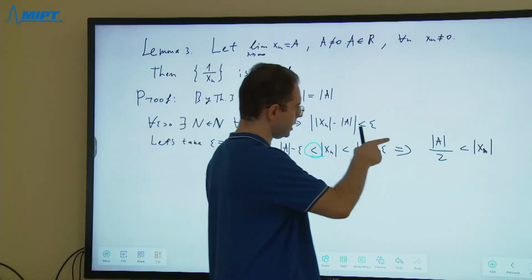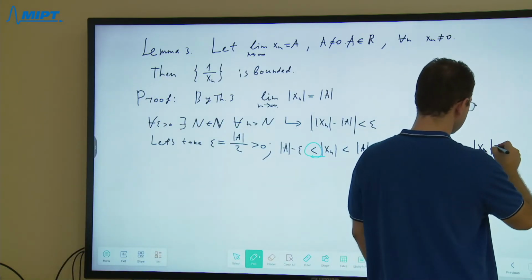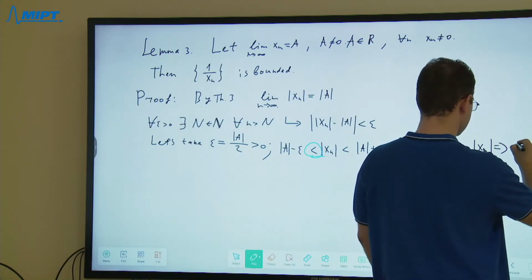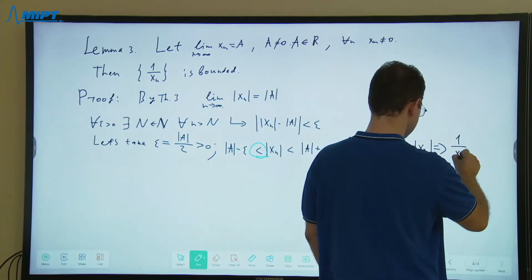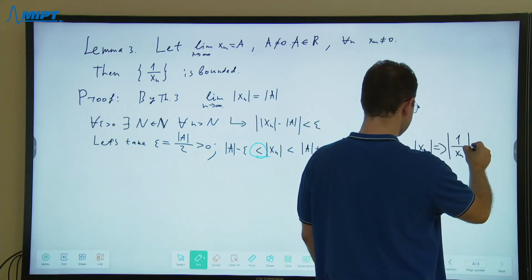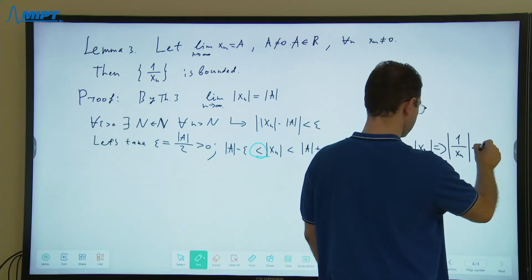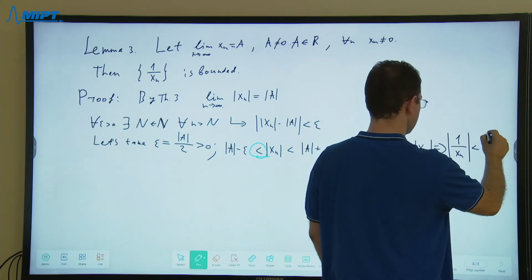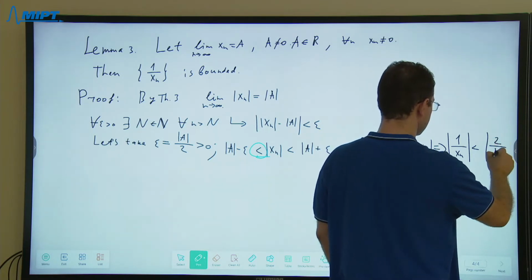And from here it would follow that the absolute value of 1 over xn is less than the absolute value of 2 divided by a.